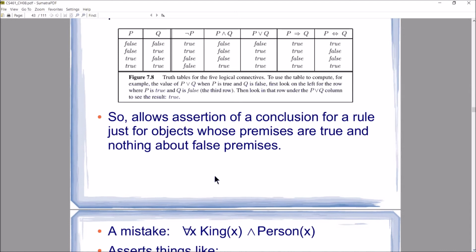So logically you can disregard everything else because we're only interested in if it's a king or not, right? So if it's a king, if that's true, then we can follow up and say, all right, well, if that premise is true, then let's worry about the conclusion of that. For any other sentence where that premise is false, who cares? Because we're only interested in answering the question, is a king a person?